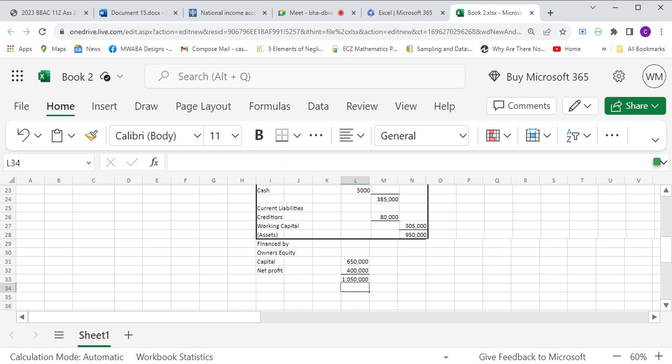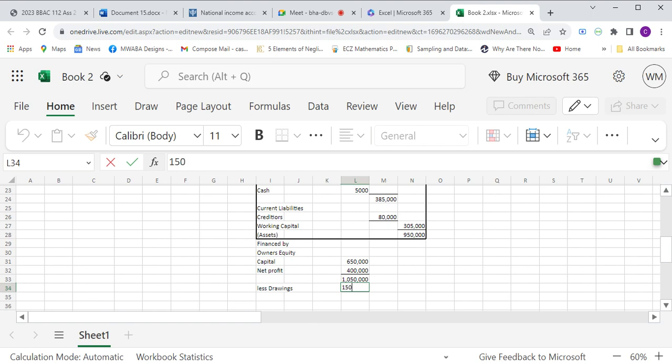Then we're going to deduct drawings, because remember, the owner takes this money out for their personal use, so it's taken out of the business's capital. So drawings was 150,000. So this has to come here, 1,050,000.